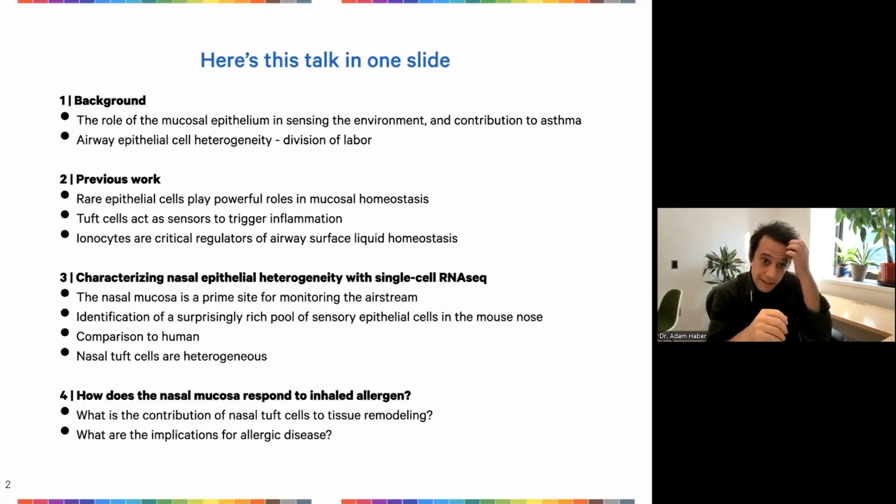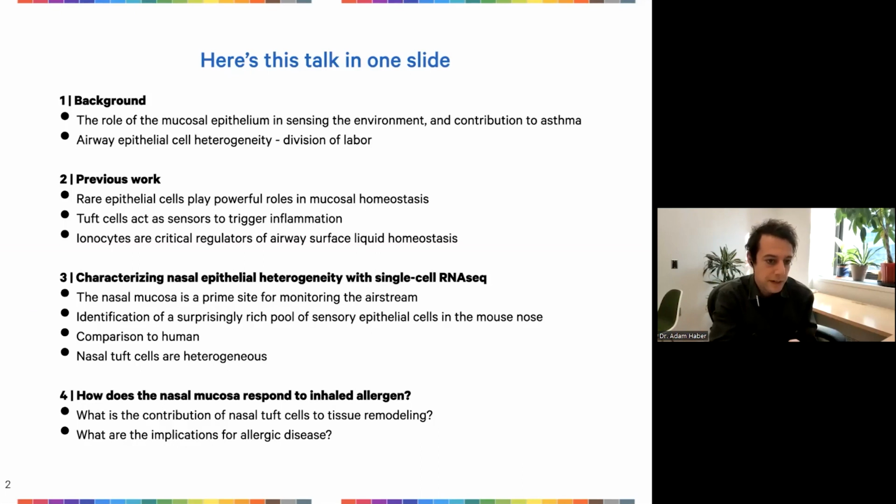So what I'm going to talk about today is I'll provide some background on the role of the mucosal epithelium and how it senses the environment and how, as I'm sure many of you know, this can contribute to asthma. I'll talk a lot about heterogeneity of airway epithelial cells and how this provides a division of labor with specialized subtypes performing biological functions. I'll give an overview of some of my previous work discovering new types of rare epithelial cells and identifying their functional roles in maintaining homeostasis in the airway.